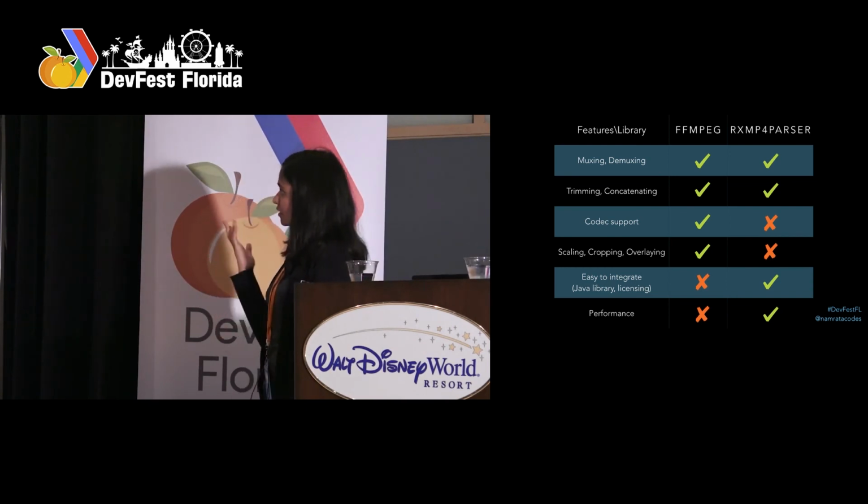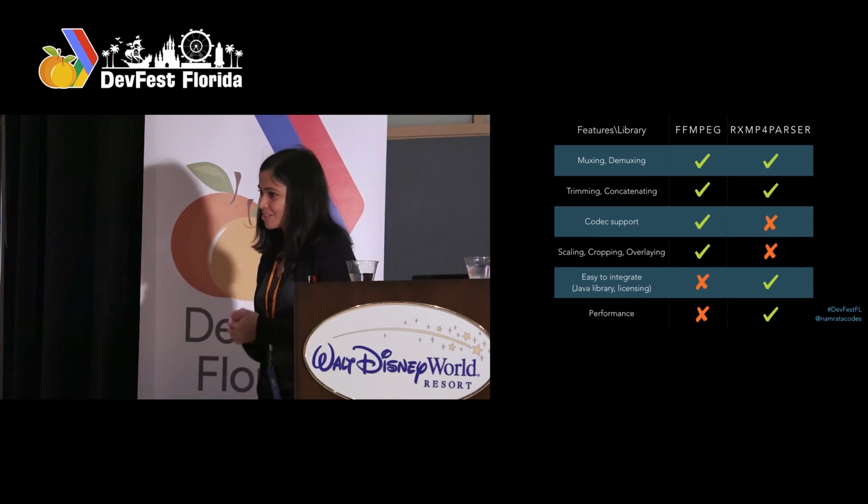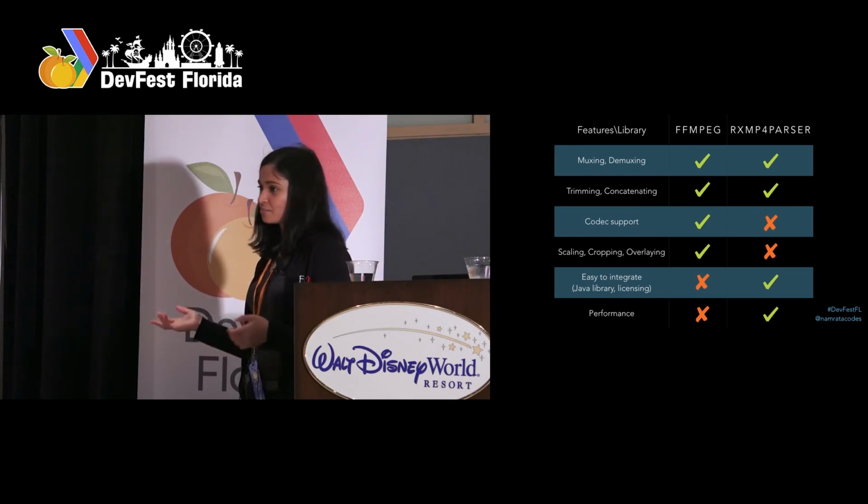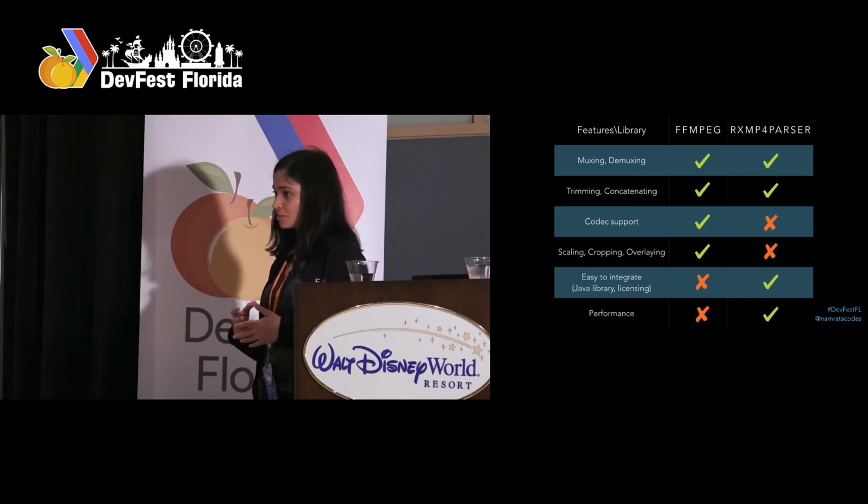And then FFmpeg supports scaling, cropping, and overlaying, all the things that I needed to do. But MP4 parser has no support for it. And then MP4 parser is a lot easier to integrate because it's available as a Java library, and you don't need to do any kind of NDK building.